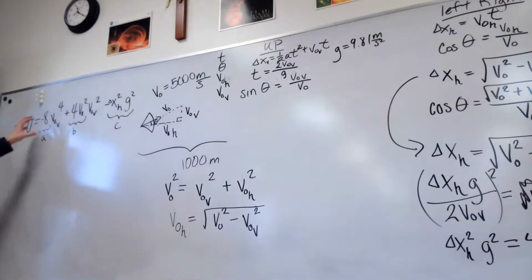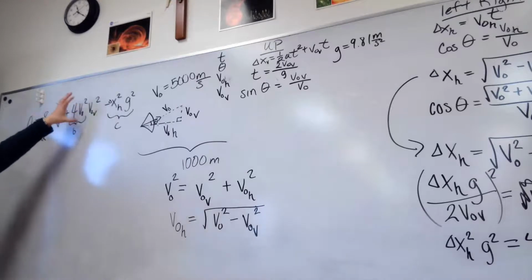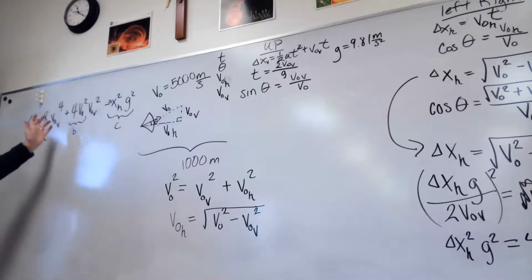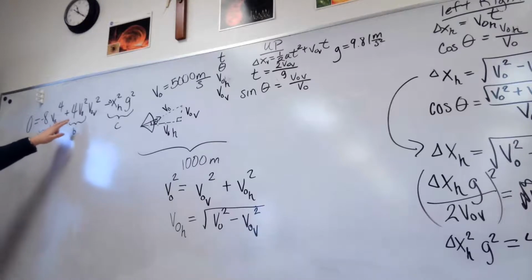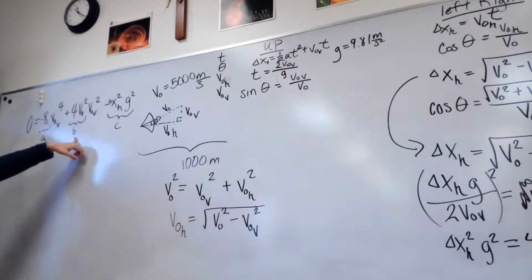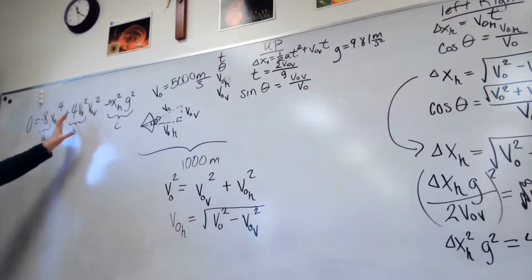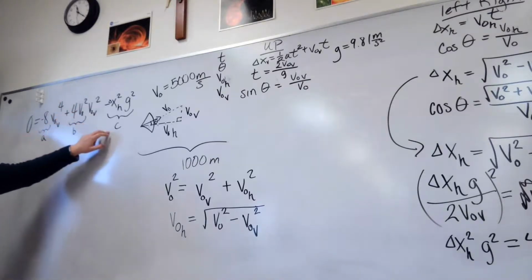And just remember that this is constant A, this is constant B, this is constant C. Good? Because we know that this is 8. It's -8, but we know it's 8, right? We know that this is B, okay? So it's just a constant, it's just a number. And then this is C.